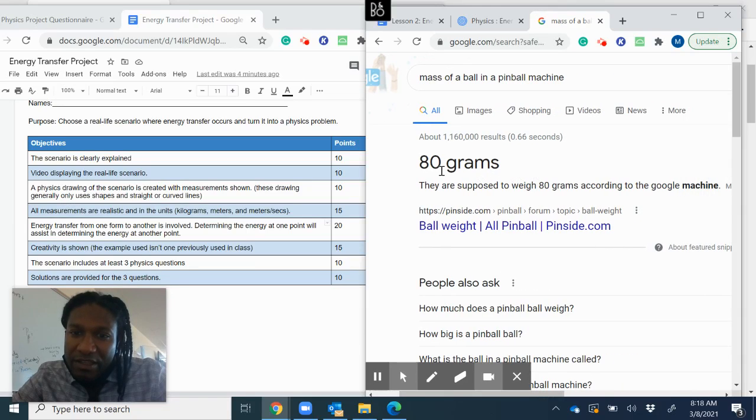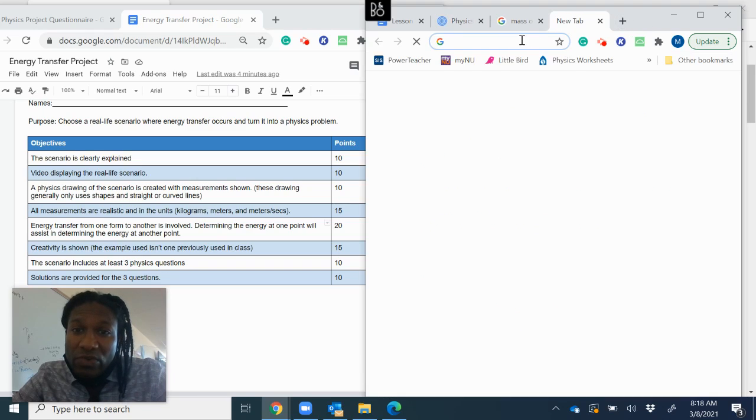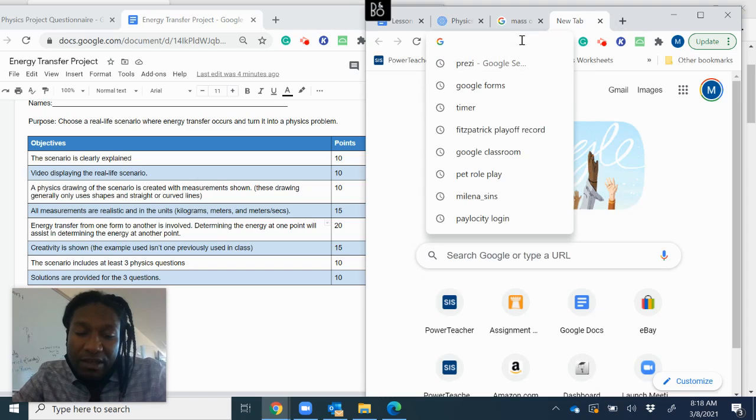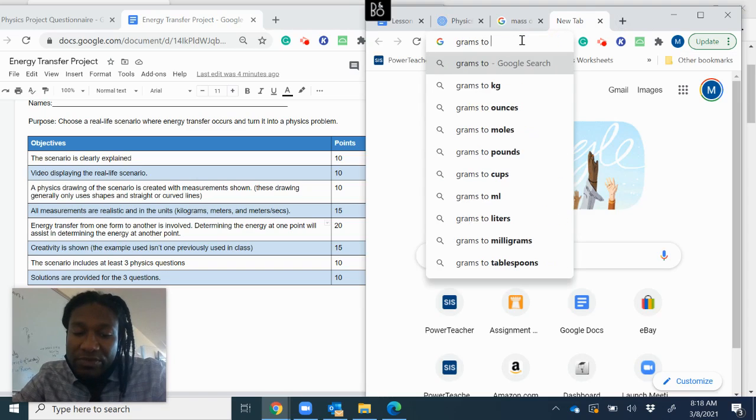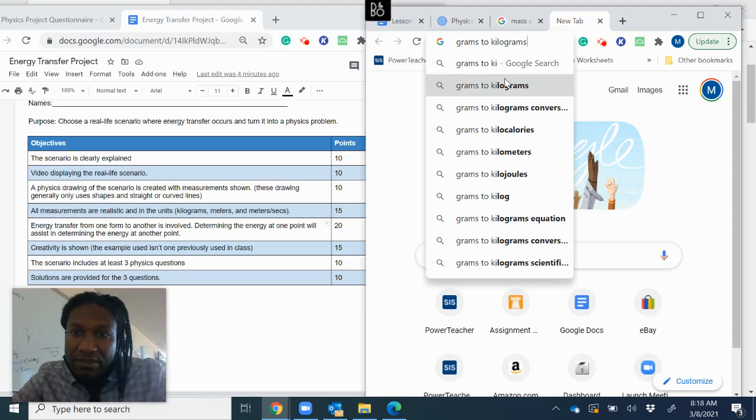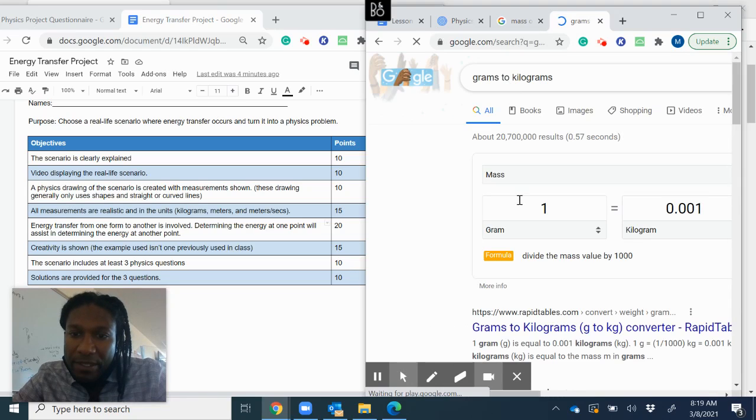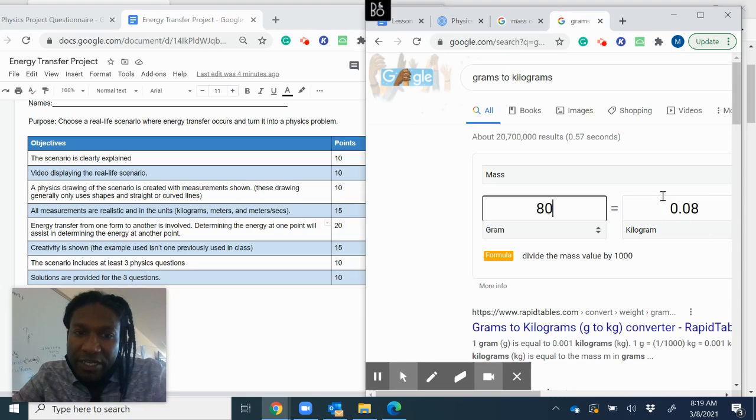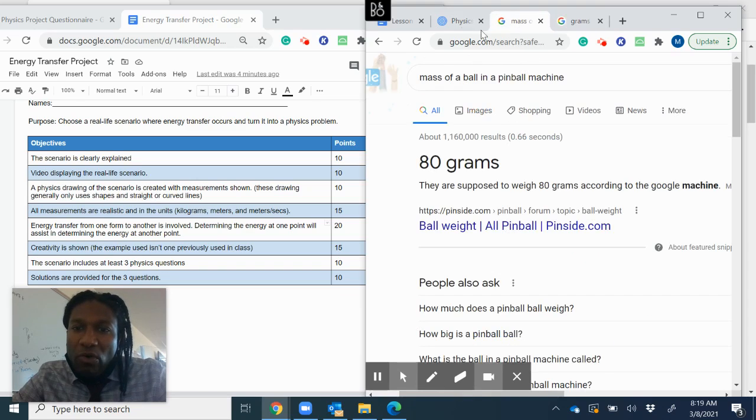Right? 80 grams. I would probably go to Google and convert grams to 2 kilograms, and legit just punch it in. Here we go. There goes my kilogram measurement. So this is kind of how you go about all these measures.